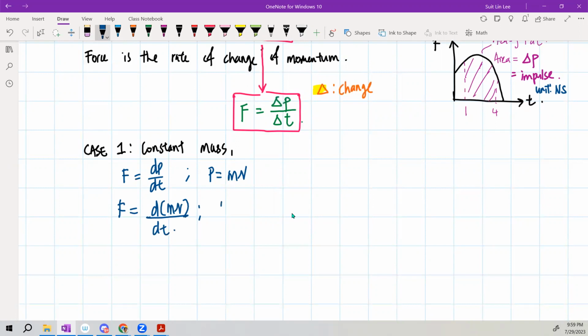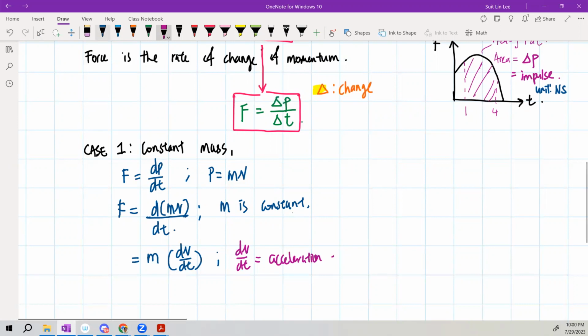So in this case, because m is constant, I can kick out the m and then put in dv over dt. But also at the same time, dv over dt is equal to acceleration. So you end up with your favorite equation, F is equal to ma.